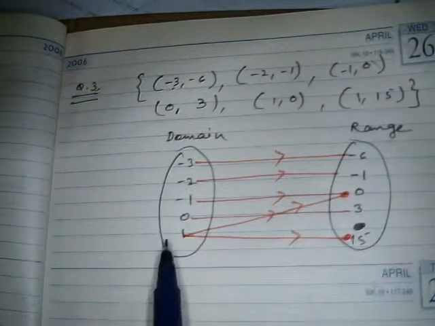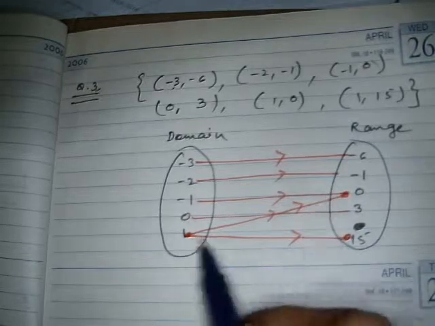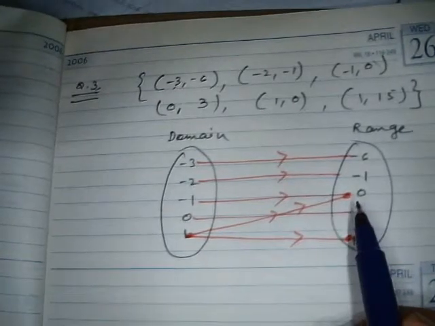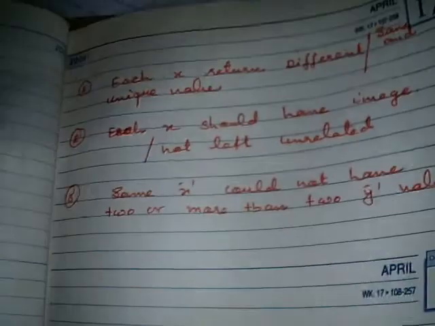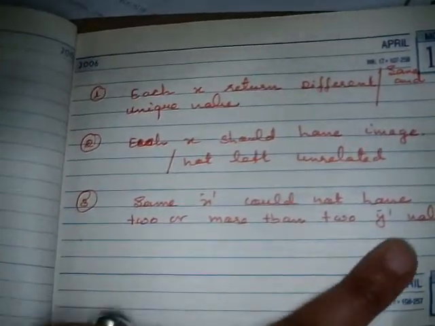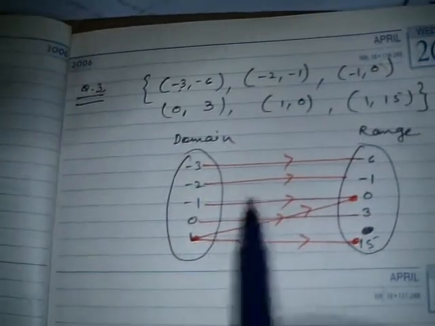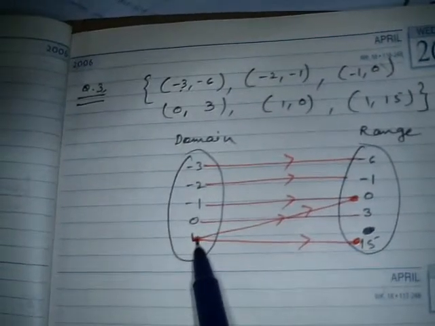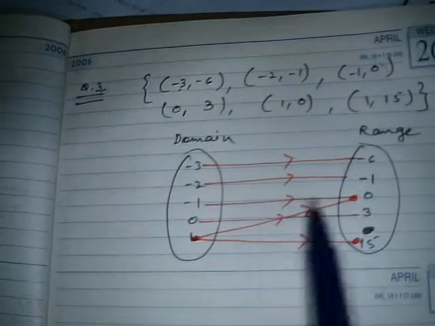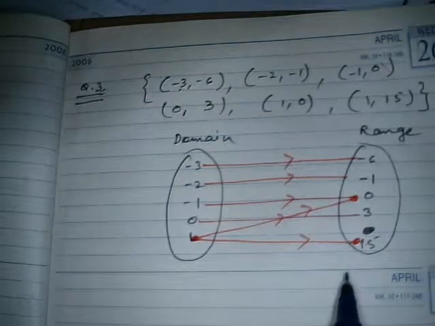That is the third point we have written over here. The same x cannot have two or more y values. Over here the same x value is 1, but it is returning 2 different values of y, that is 0 and 15. If this happens, then it is not a function. Every x is getting related, first point.